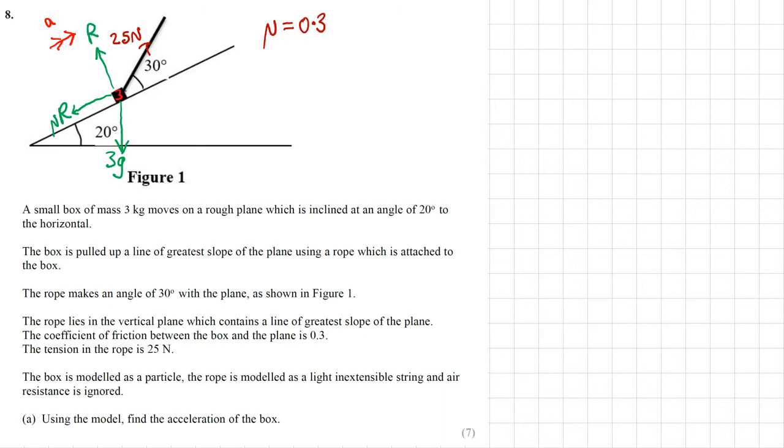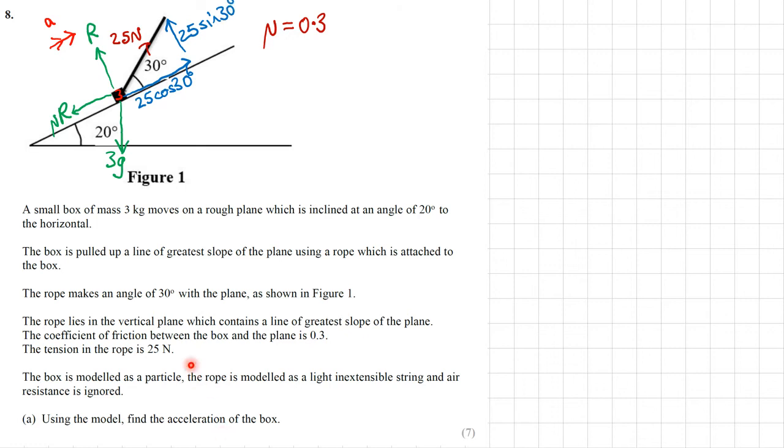Then I need to deal with forces which are not running parallel or perpendicular to the plane. So that means this 25 newtons in the rope, I need to find the parallel and perpendicular components of that to the slope. The one running parallel to the slope will be 25 cos 30, and perpendicular to the slope 25 sine 30.